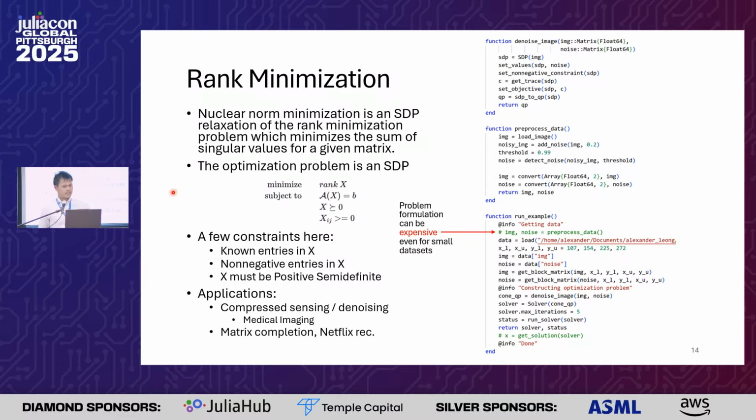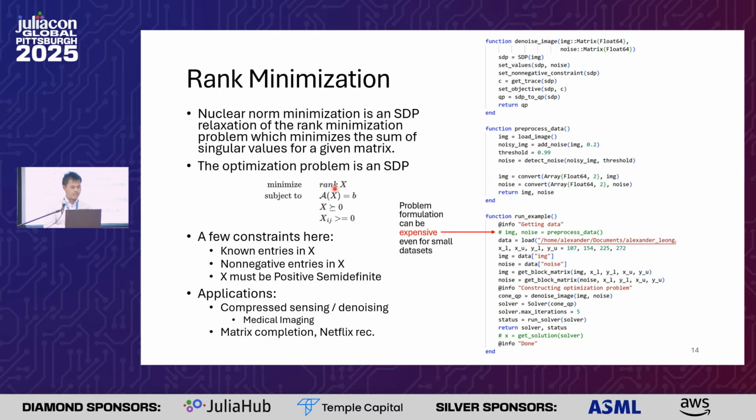Okay, something in image processing: rank minimization. Again, it's an SDP problem. We want to minimize the rank of a matrix. However, this is a non-convex problem, so what we do is minimize the trace, and that's a good way to relax this.